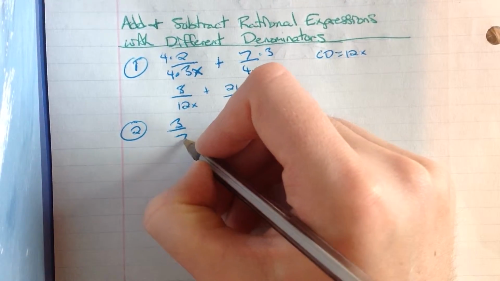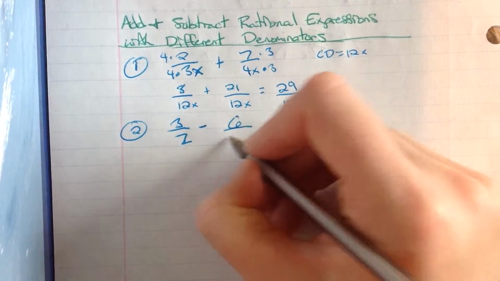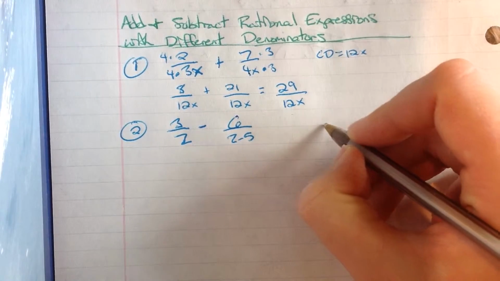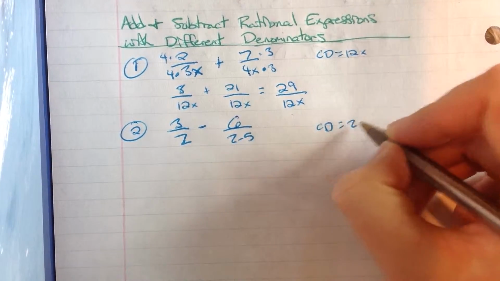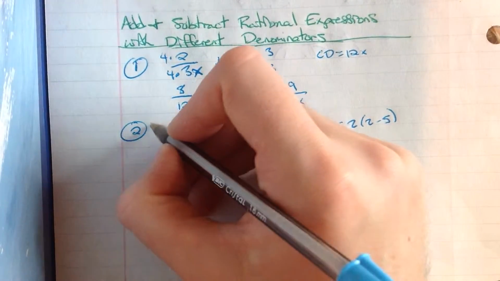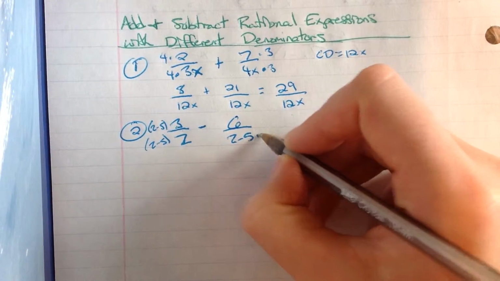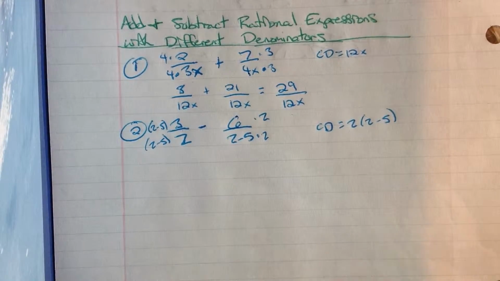3 over z minus 5, minus 6 over z. Common denominator, z minus 5. So I need to multiply this one by z minus 5 to top and bottom, and I need to multiply this one by z.